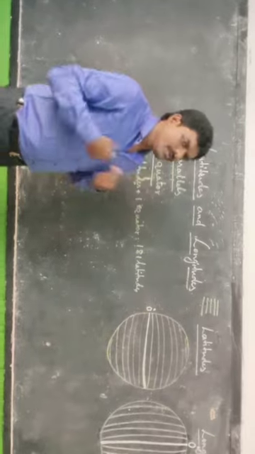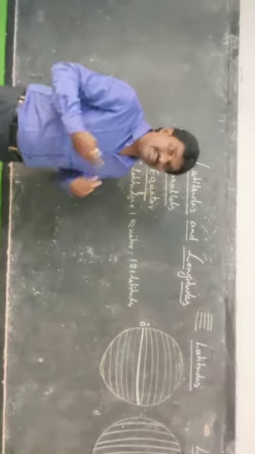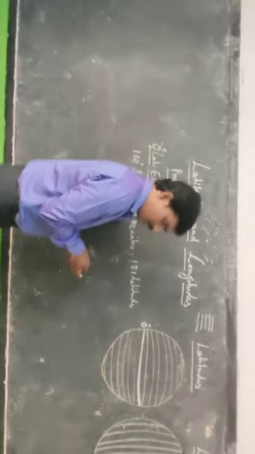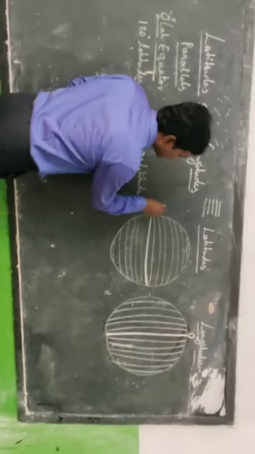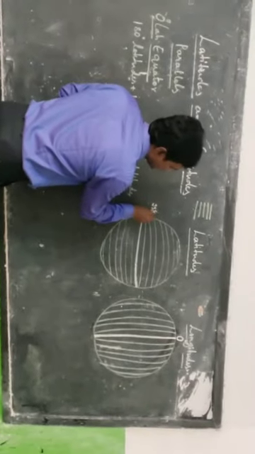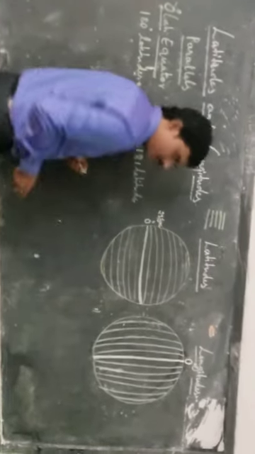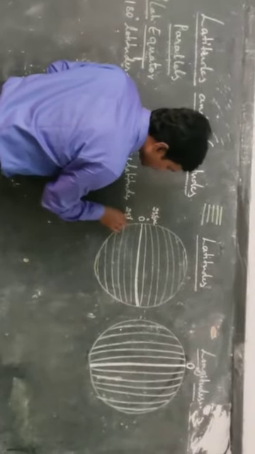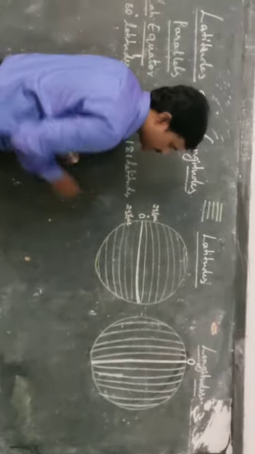Now we are going to see some of the important latitudes. On the north of the equator, 23.5 degrees north latitude, and to the south of the equator, 23.5 degrees south latitude.